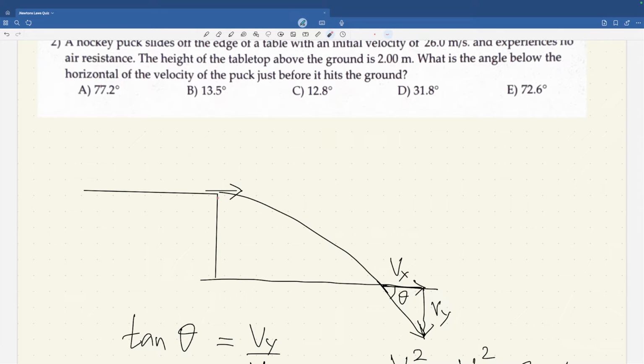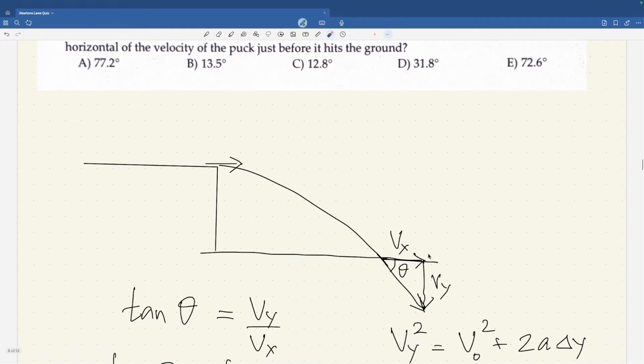But the vertical velocity started off at 0 here, and then it keeps increasing because of the acceleration due to gravity, and it becomes something just before it hits the ground. So we need to find what that something is.